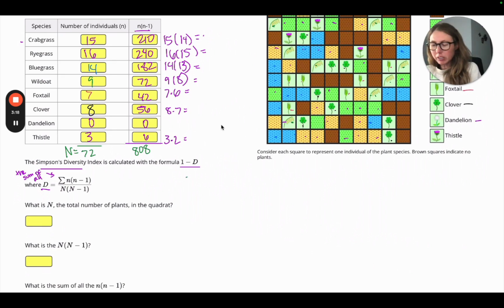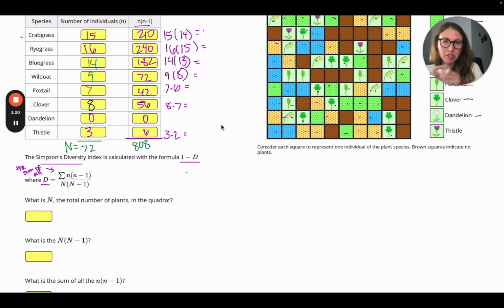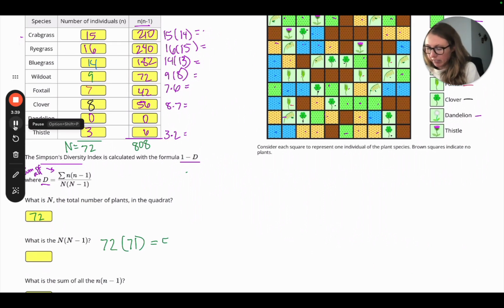If everything was filled up and none of it was dirt, each of those represented its own plant, you would have 100, because there's 100 squares here. But that's not always the case in every sampling method. So our n is 72. And so the n times n minus 1 is going to be 72 times 71, which is 5,112.